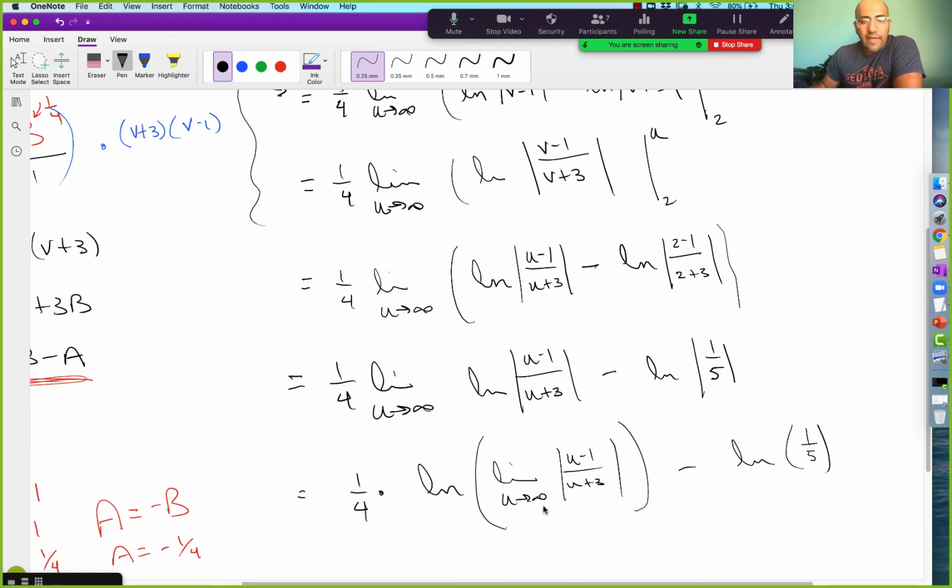As u goes to infinity, I'm looking at very large positive numbers. So for very large positive numbers, I'm going to have a positive number divided by a positive number. So I don't even need those absolute values either. I'm just going to get rid of that, and maybe it looks a little simpler without having to deal with the absolute value. That's because these are going to positive infinity.